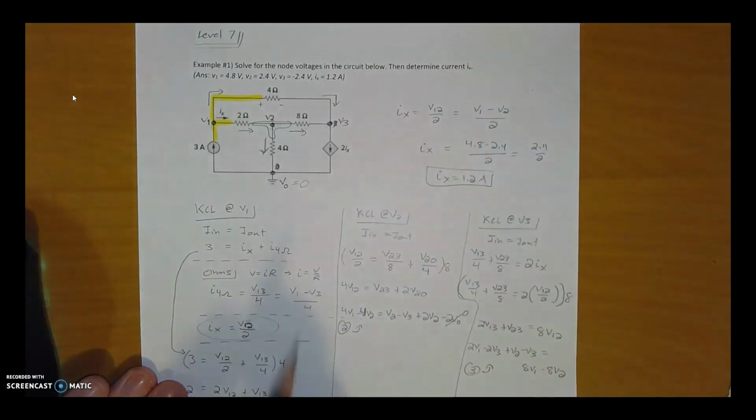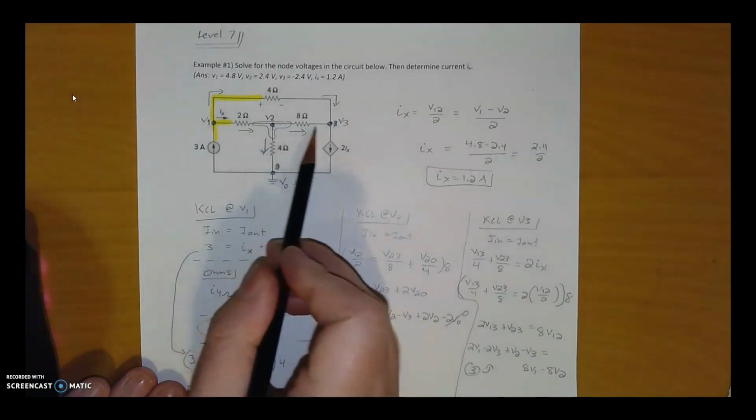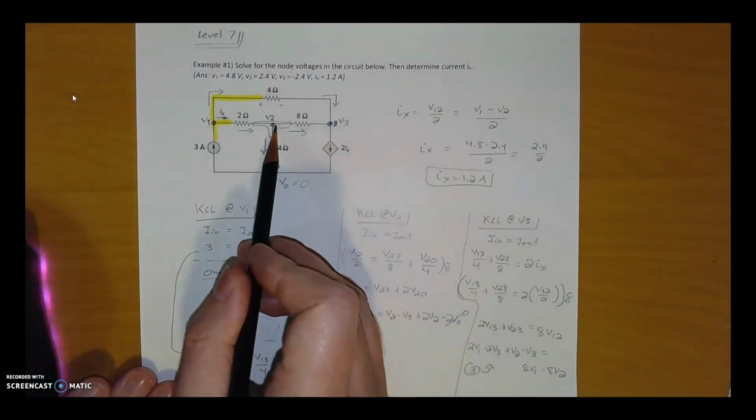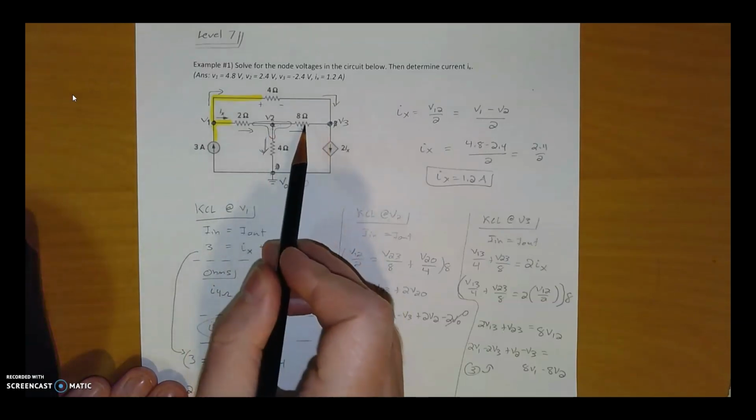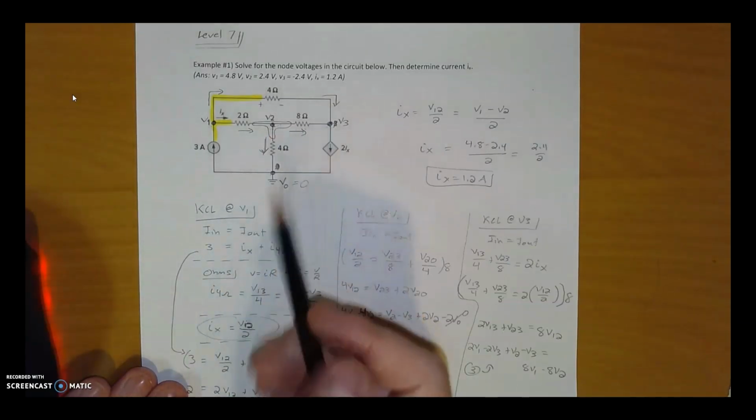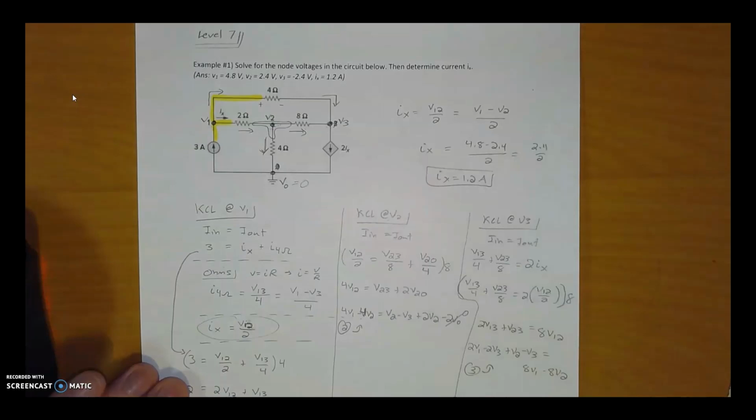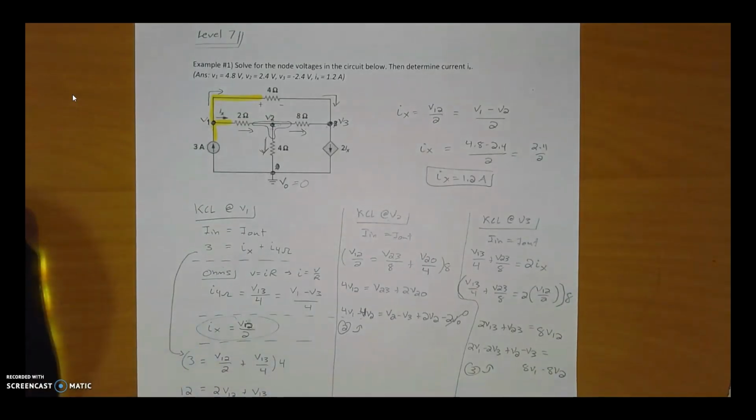And it's positive, which means it is going in the direction of the arrow, as indicated. And you could find all kinds of currents. So you could find the current through this 8 ohm the same way. You would say it's the voltage 2 minus voltage 3 over 8, assuming it goes that direction. So lots of good uses for this.